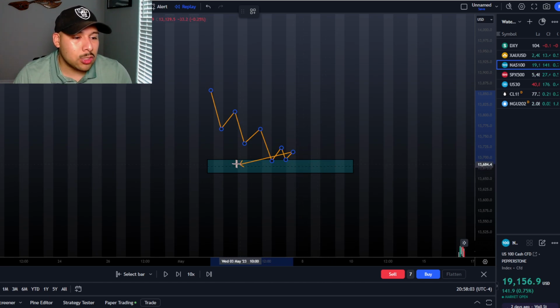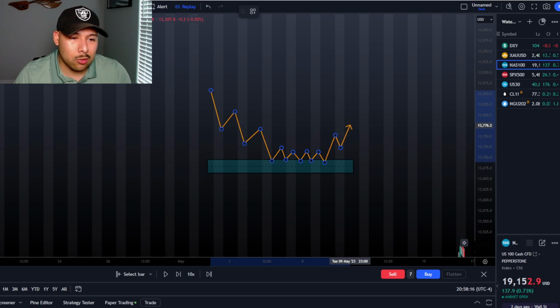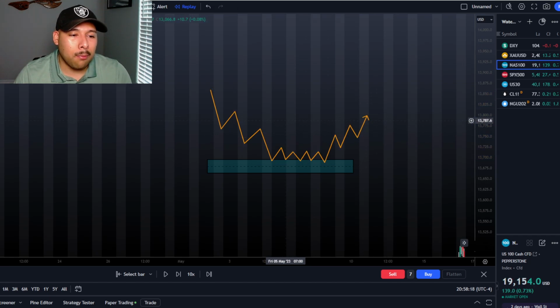Think of this support level like a floor. It's being supported, which usually results in consolidation at this level, followed by an expansion to the opposite side. In this case, it'll be the upside, causing the price to reverse from bearish to bullish.